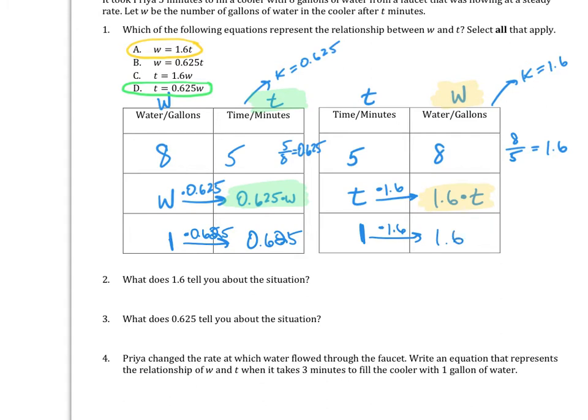Looking at the first table, we see 1 is under the gallons of water, but 0.625 is under the minutes. For the second table, 1 is under minutes, and 1.6 is under the gallons of water. So to answer that first question, we know that for every 1 minute, there is 1.6 gallons of water.